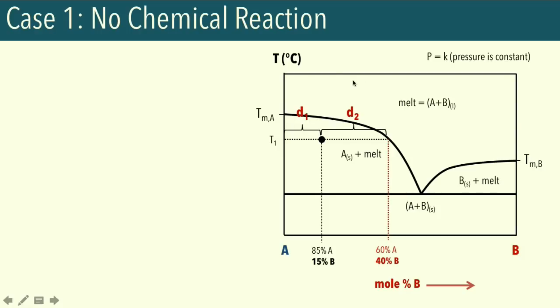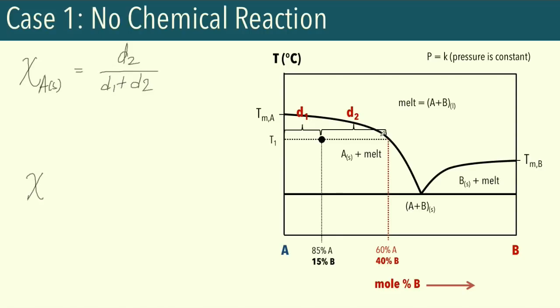So what about our weights? Our weights on this side of the lever will be the number of moles in pure A, and on this side, it will be the number of moles in the melt. Overall, if we want to calculate the mole fraction of our entire solution that is in the A solid phase, this is going to be equal to, again, the opposite distance, D2 over D1 plus D2.